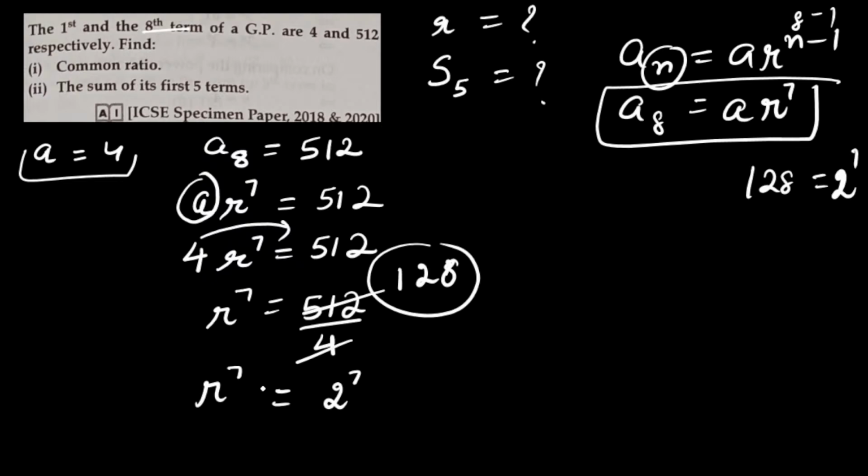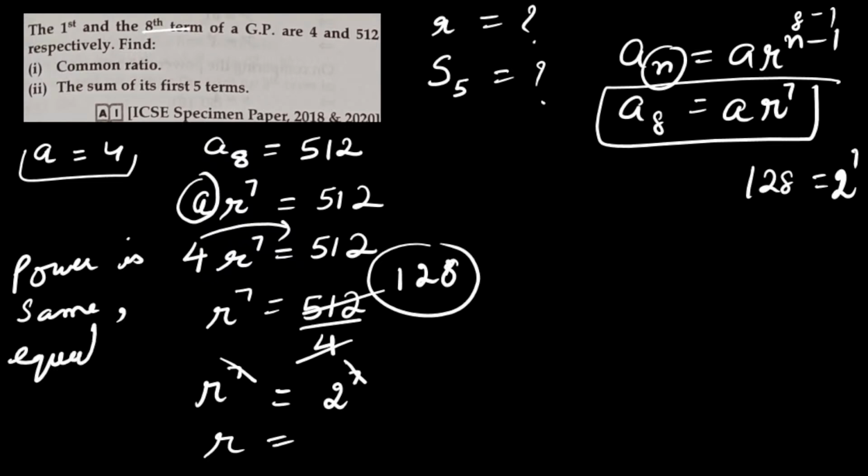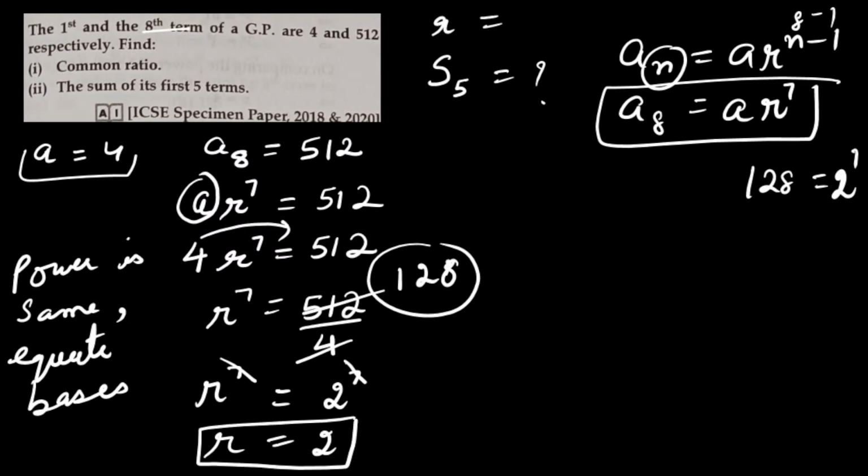Both sides have power 7, so the power is the same, and we can equate the bases. So R's value we got is equal to 2. The first part is done: the value of R is equal to 2. Now for the second part, we have to find the value of S5.